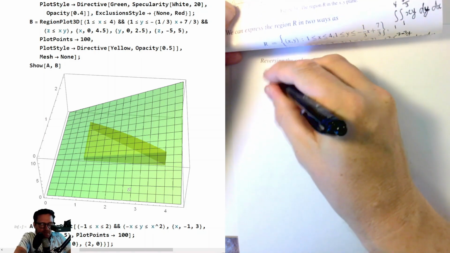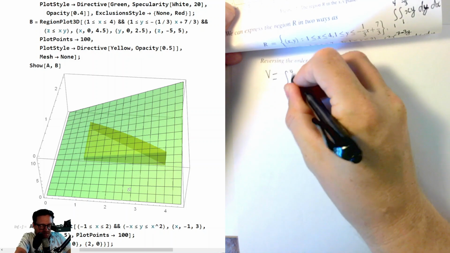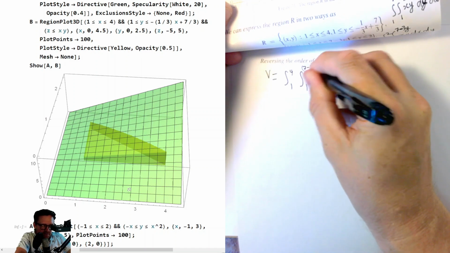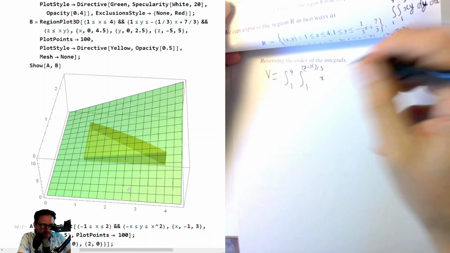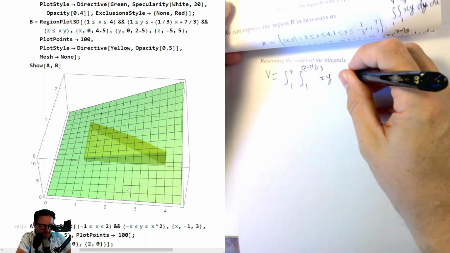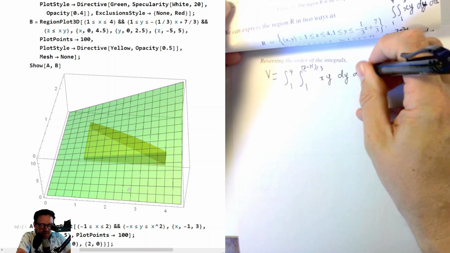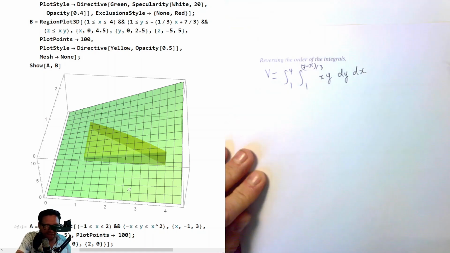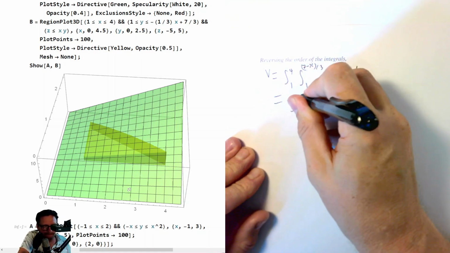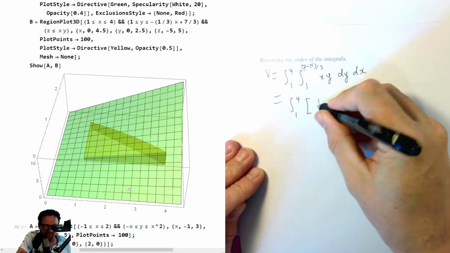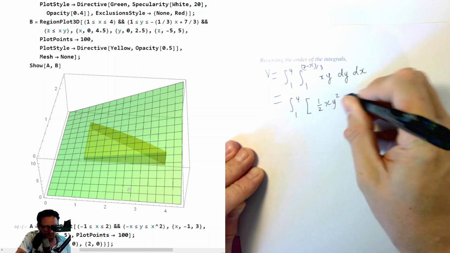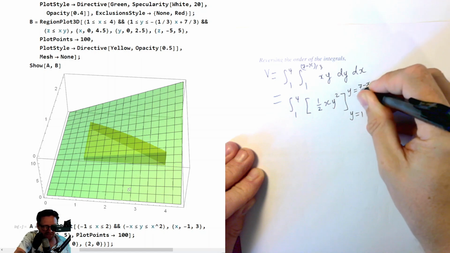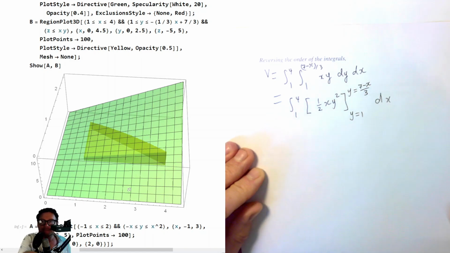Okay, so the volume the other way is the integral from 1 to 4. And then on the inside, we have 1 to (7 minus x)/3, integral of x times y, doing with respect to y first, and then with respect to x. Okay, so integrating xy with respect to y, we have a half x y squared from y equals 1 to y equals (7 minus x)/3.